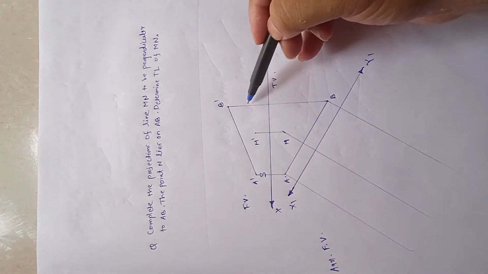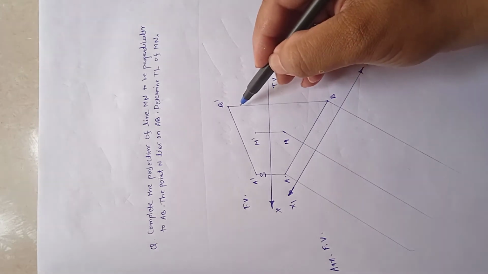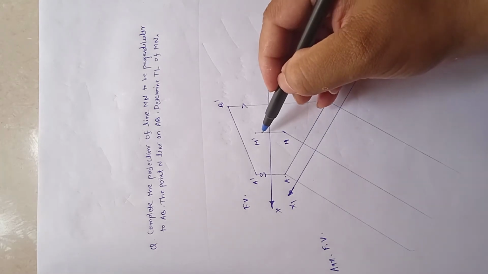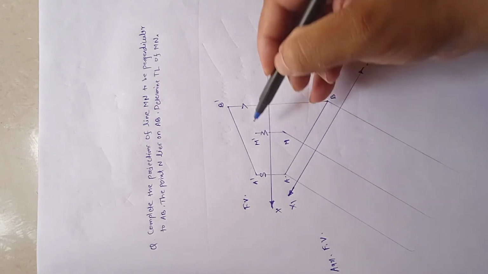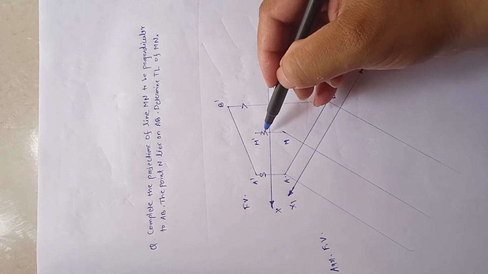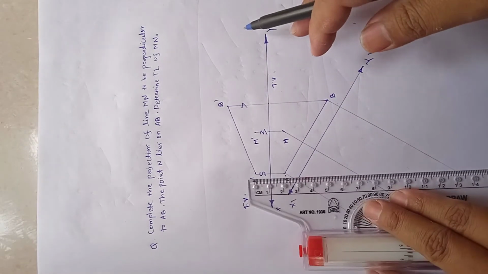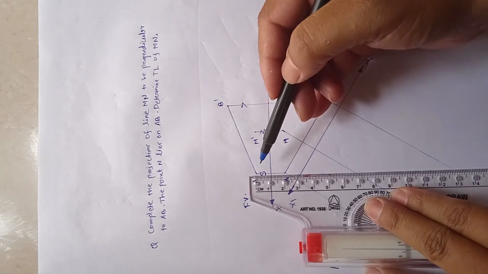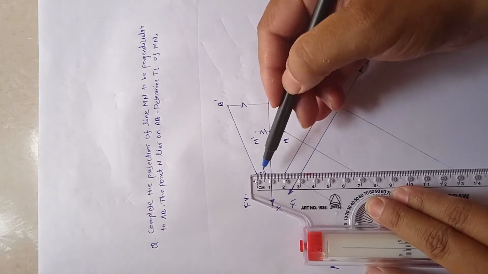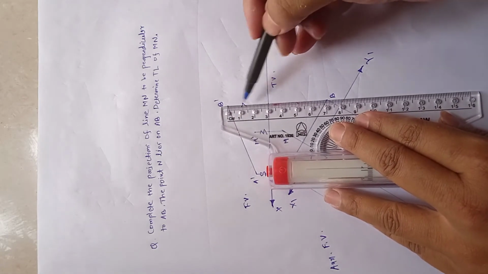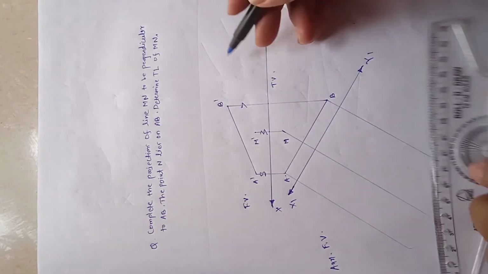The distance of point B, let us denote it by this symbol, and the distance of point N, let us denote by this symbol. So transfer these distances here. Let's measure it. For point A this is 10 mm, for point B this is 30 mm. So transfer it.